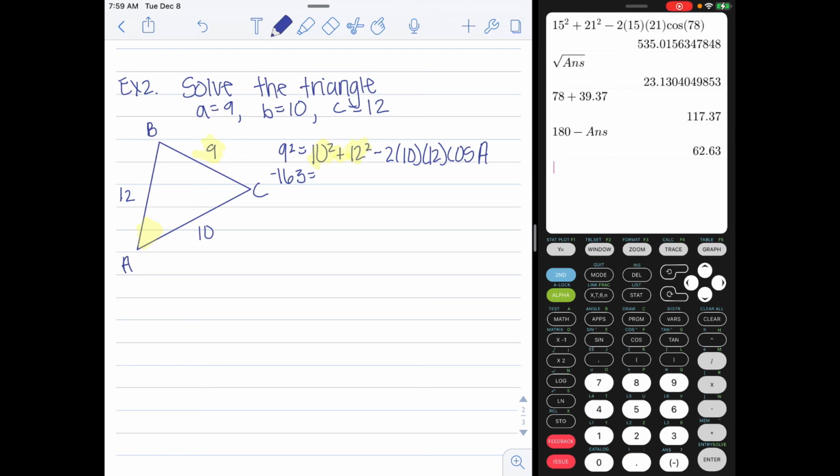And then 2 times 10, 20 times 12 is what? 240. So all I'm doing is cleaning up this part right here in the pink to get a negative 240. Let's divide both sides by negative 240.